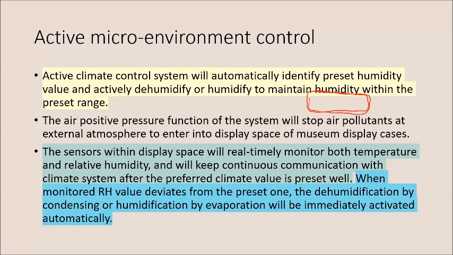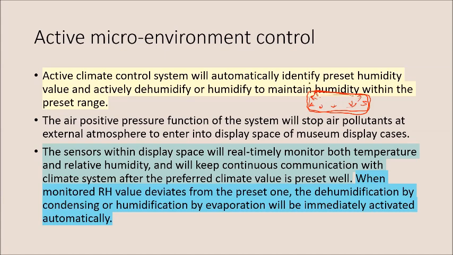Suppose this is the display space of the display case, inside this rectangle. There is a positive air pressure of the system, which will stop any air pollutants in the external environment from entering the display case, because the pressure is outside.